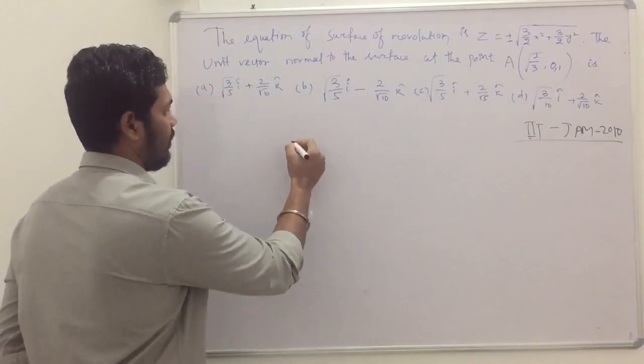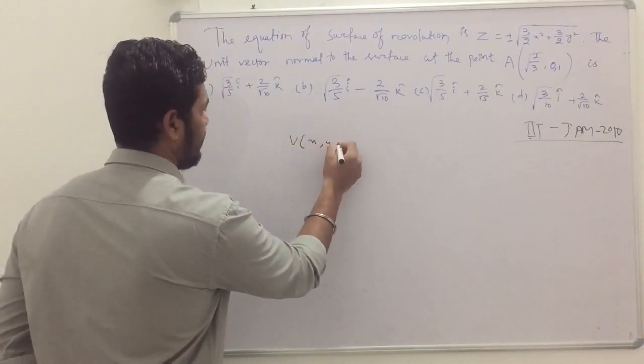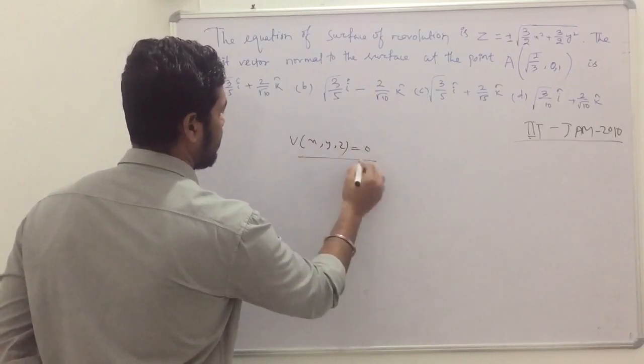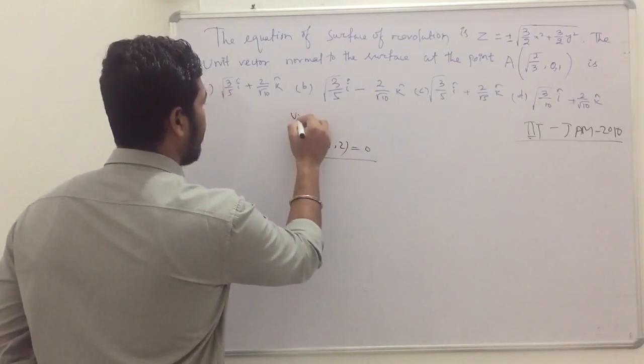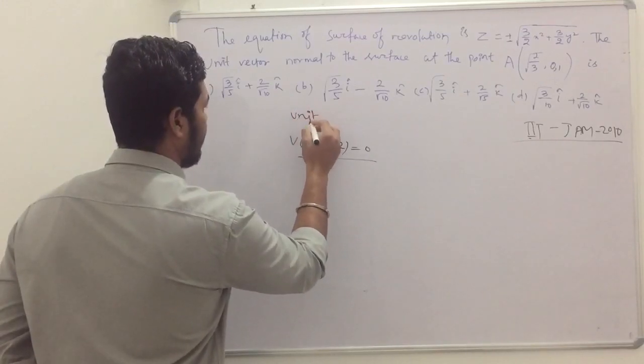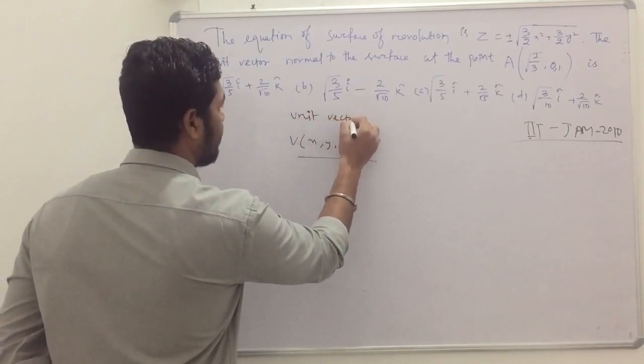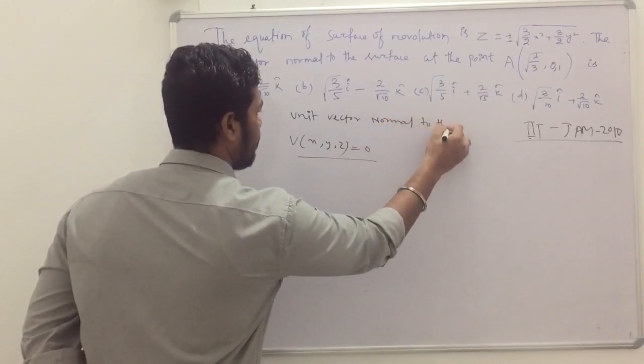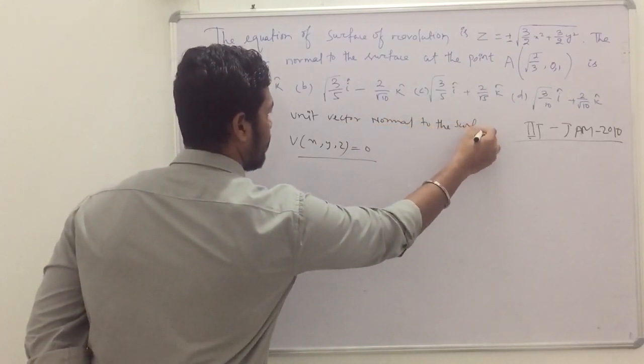Let v(x, y, z) equals 0. This is a given surface, so here we are trying to find the unit vector normal to the surface.